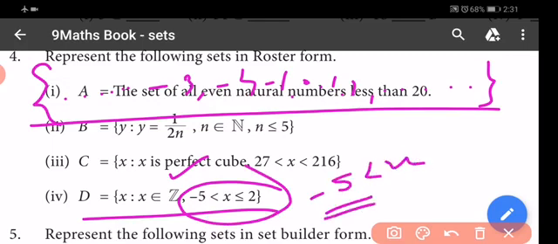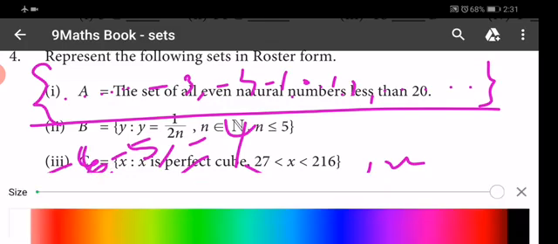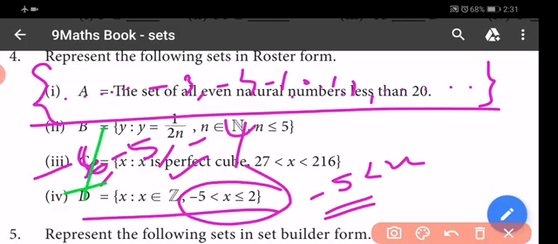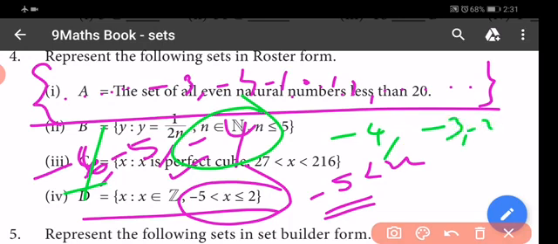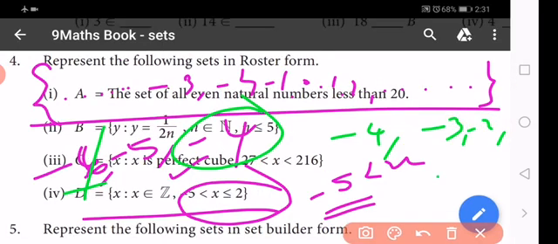That means greater than -5. Greater than -5 means -6 or -4? -6, -5, -4. Which one is greater? -6? No. Which one is greater? -4. So we start with -4, -3, -2, -1, 0, up to less than or equal to 2.